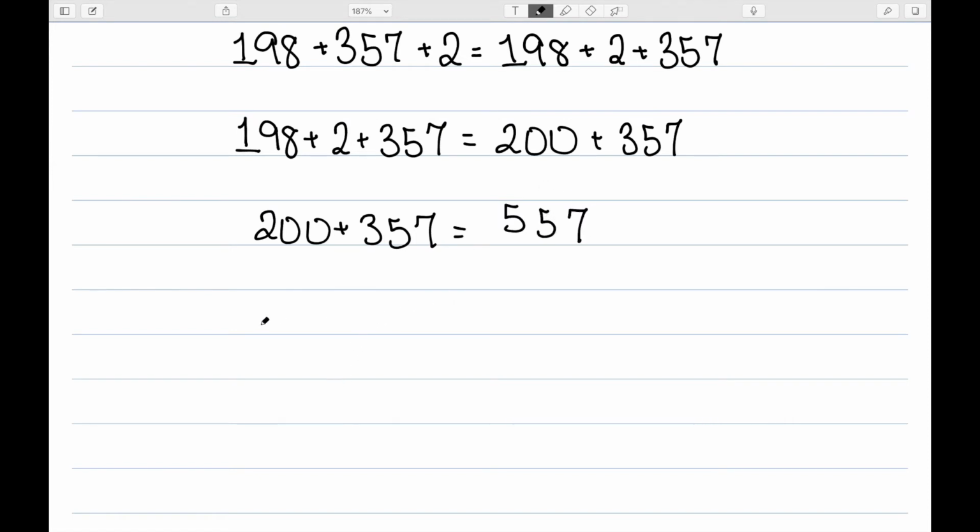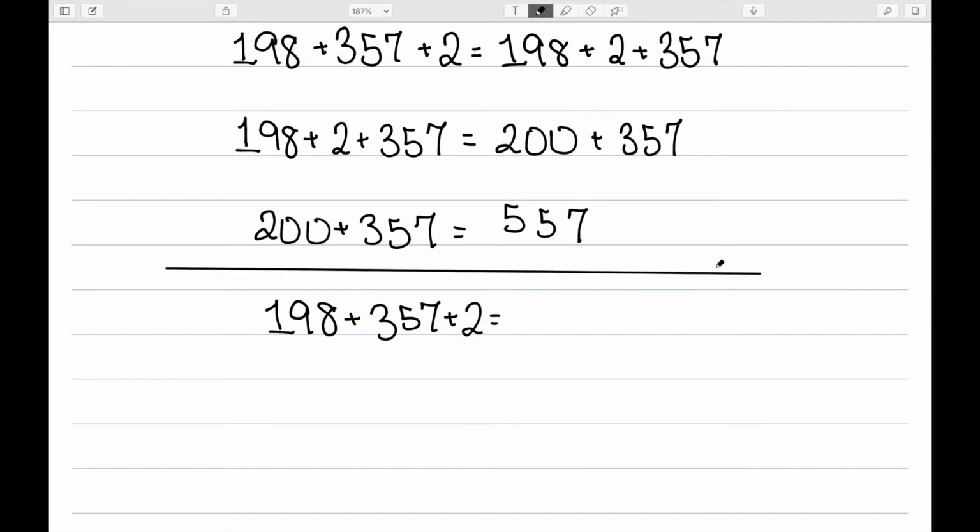However, we usually have a much neater and more efficient way to do this, which is a sequence of equations. We start once again by regrouping, or by changing the order. 198 plus 2 plus 357. And then on the next line, we just write the equal to and continue. 200 plus 357.